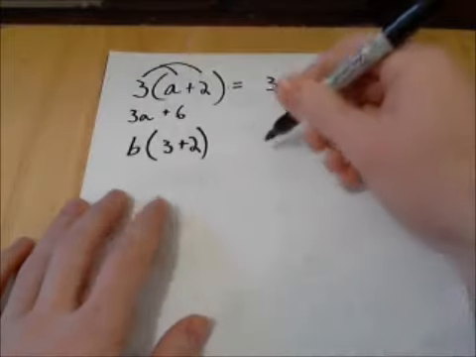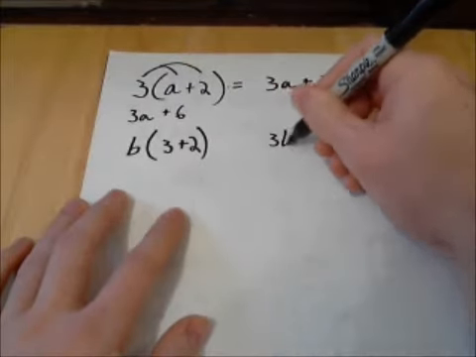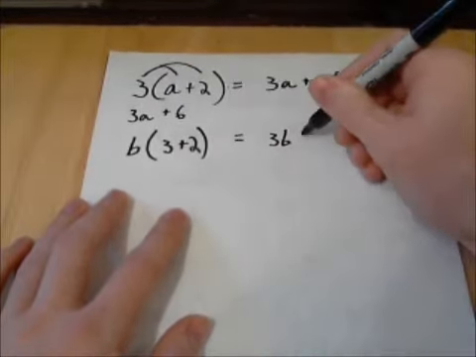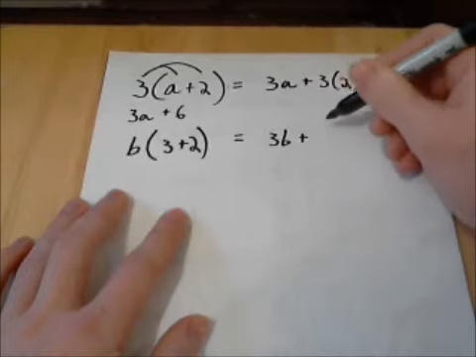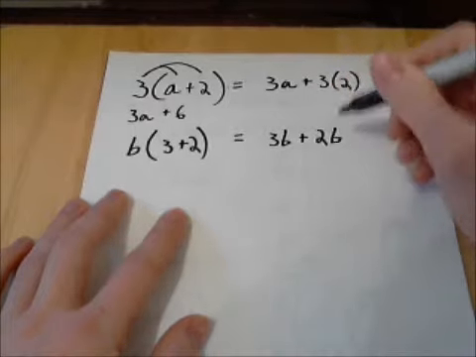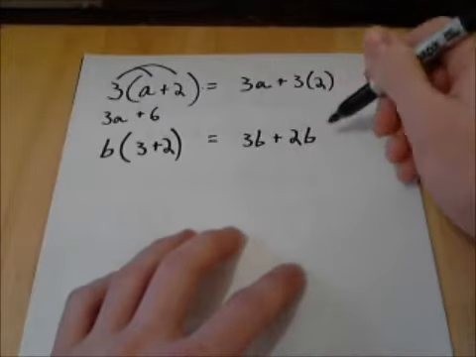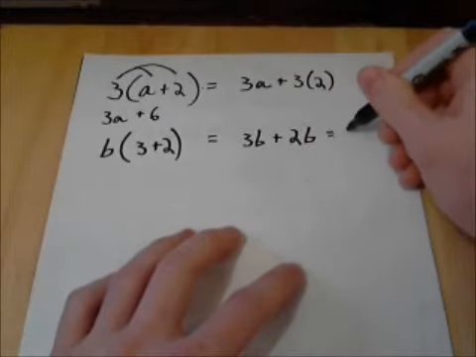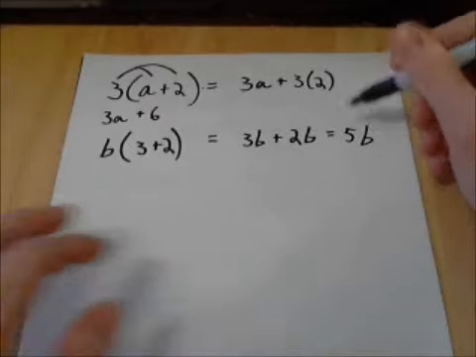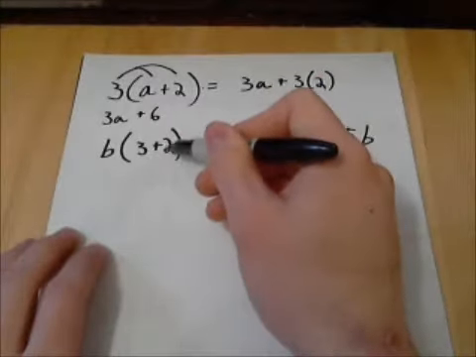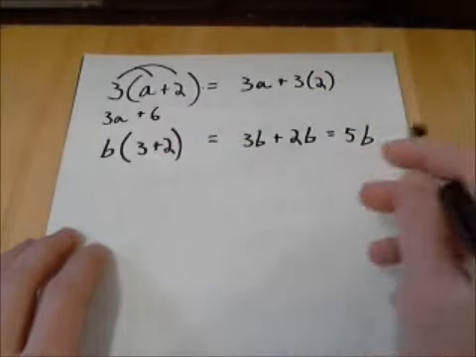So B times 3, which is 3B, plus 2 times B, which is 2B. And we can add these two together since they have common terms, and we would get 5B, which we would get if we just added the 3 and the 2 to get 5 times B, so 5B.